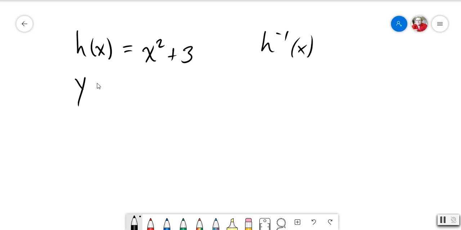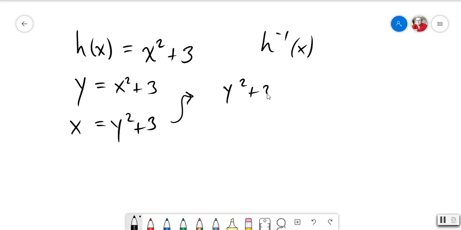We replace h of x, the function notation, with plain old y. And we swap out the y and the x. And then we solve for y. y squared plus 3 equals x. Take 3 from each side. y squared equals x minus 3.